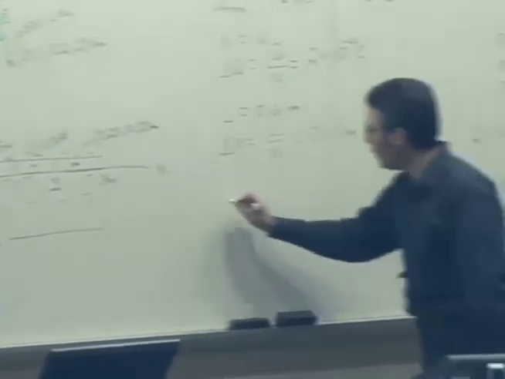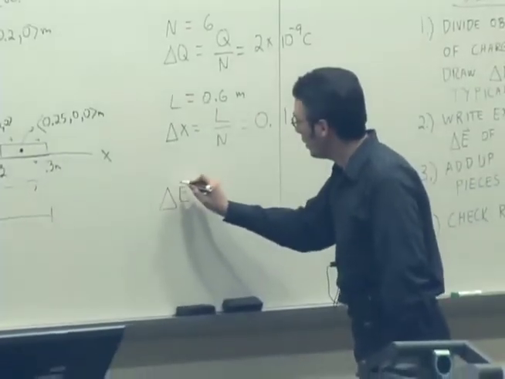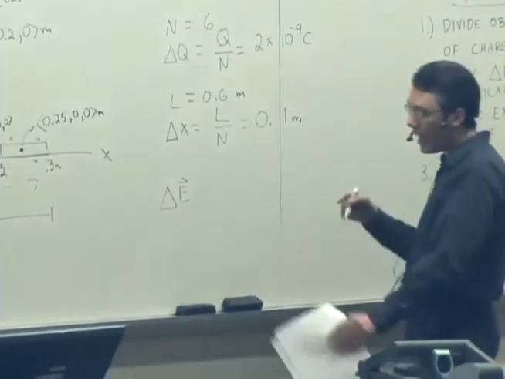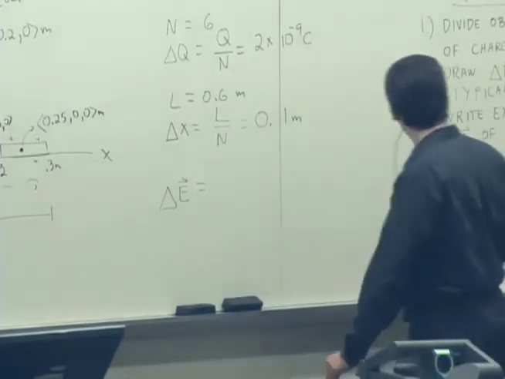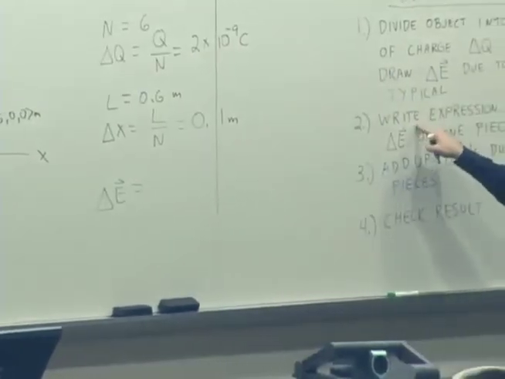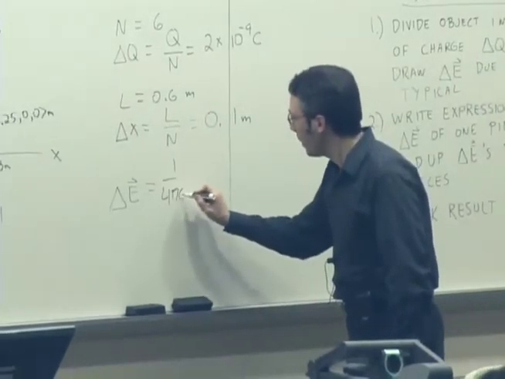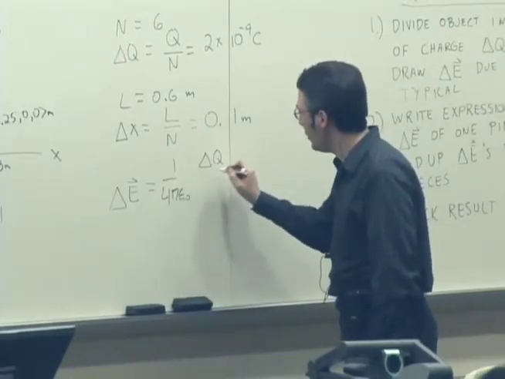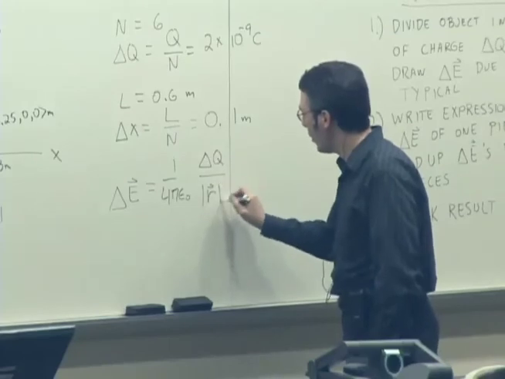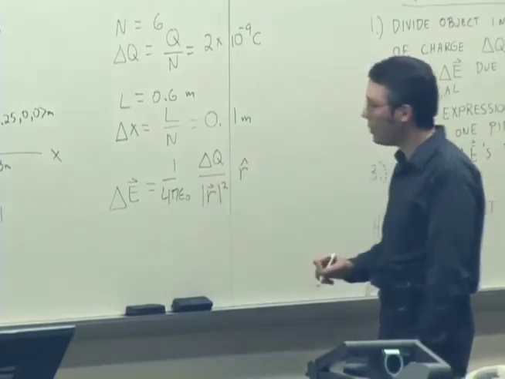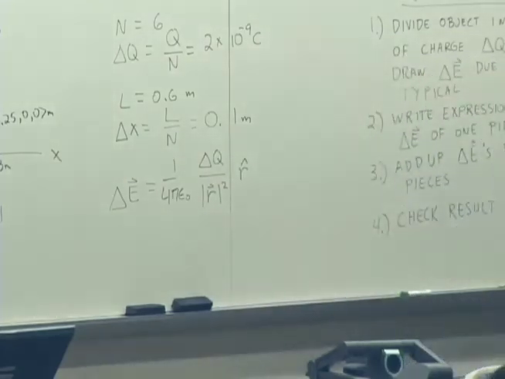Next, we're going to have the electric field due to that segment. So we have the expression, which we should have done in the second step, right? It's going to be 1 over 4 pi epsilon 0 times delta Q over r squared times r hat, treating each like a point charge.